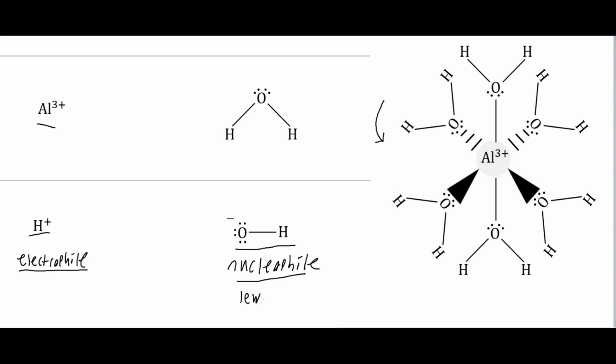So this is also a Lewis base. I'll capitalize the L on here. And this is a Lewis acid. And so, like I said, the Bronsted-Lowry acids and bases are a specific case of Lewis acids and bases, but the Lewis acids and bases are much more general.